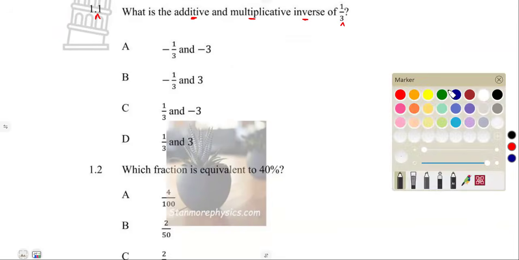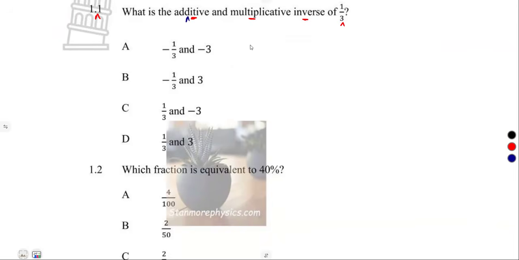Let us start with the additive inverse. We do understand that if you add a number to the negative of that same number, you are supposed to obtain 0.